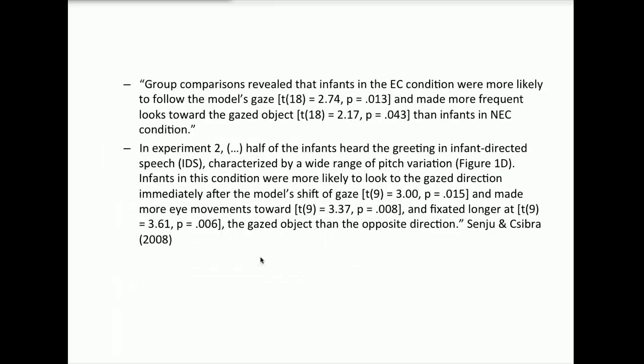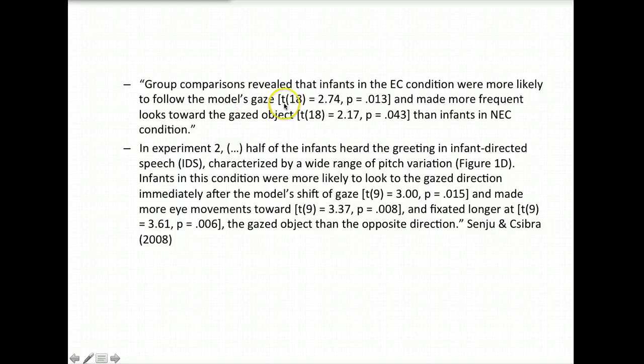Now let's have a look, again, at some excerpts from some of the literature that we've been reading. Here is an excerpt from the results section. Group comparison revealed that infants in the eye contact condition were more likely to follow the model's gaze. And then we get a little t.